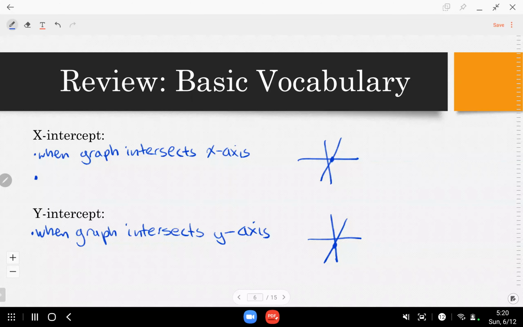No, the y. So when it's the y-intercept, the y-axis becomes 0. Could you repeat that? Sorry, I didn't hear clearly. When it's a y-intercept, the y-axis becomes 0.